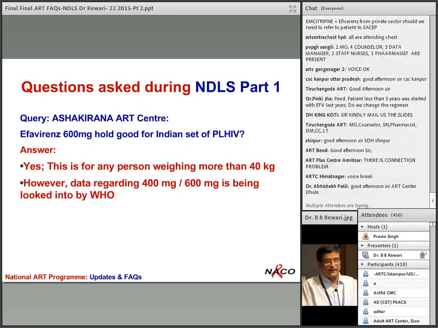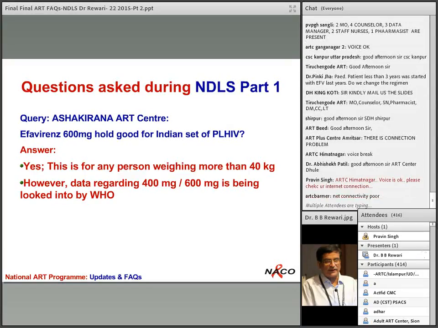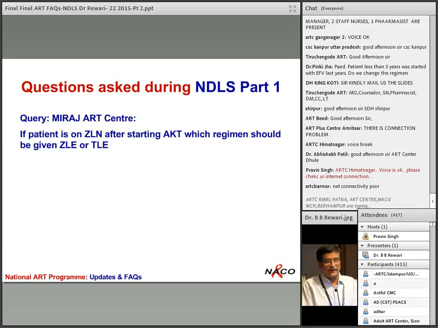However, data regarding 400 mg versus 600 mg is being looked into by WHO, and there are evidences that in future WHO may recommend 400 mg of efavirenz, depending on the meta-analysis of the data that is coming in, but still the guideline is to use 600 and not any dose lower than that if your weight is in that weight band of 40 kgs.